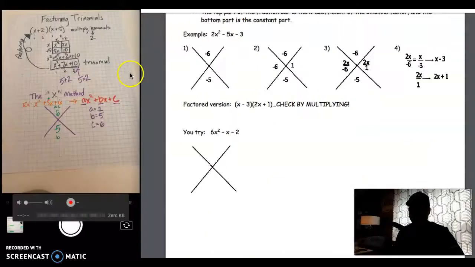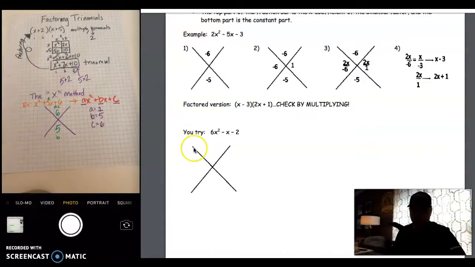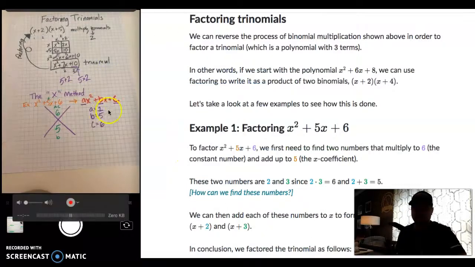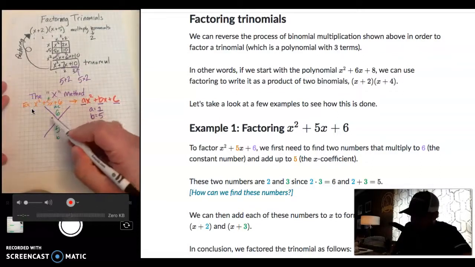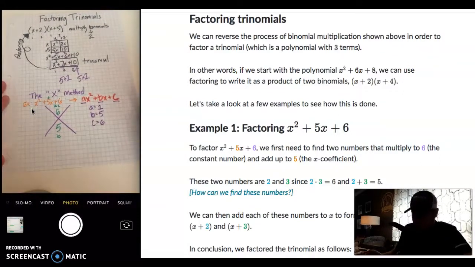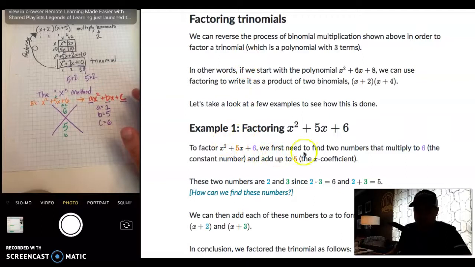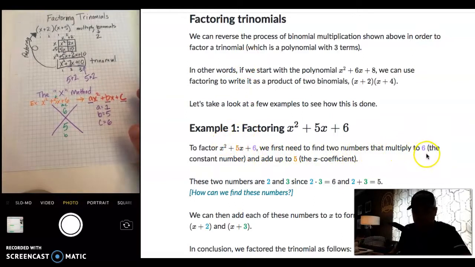Okay, so our next step is going to be to try and fill in these next two numbers, okay? We need to fill in these two numbers here on each side. And this is where we're going to ask ourselves that question that we were talking about just a second ago that we see here in the notes. We need to find two numbers that multiply to give me 6 and add to give me 5.